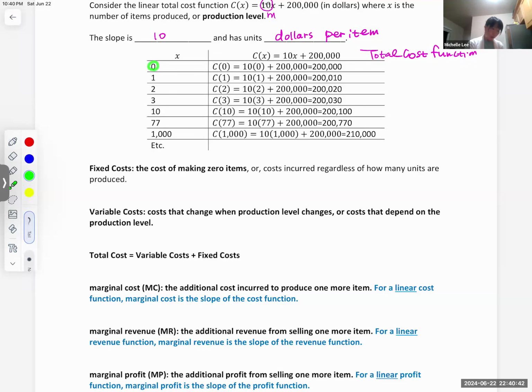When x equal to 0, we substitute x equal to 0, then we get 200,000, right? When x equal to 1, we substitute 10 times 1, and then 200,000, so 200,010. And when x equal to 2, we have 10 times 2, so 20, then we add the 200,000, then 200,020, right? And so on, right?